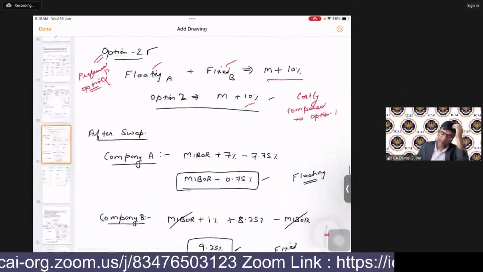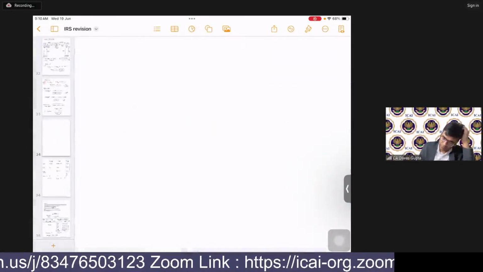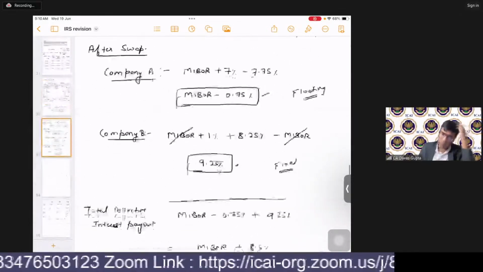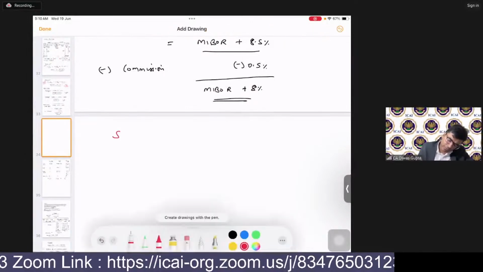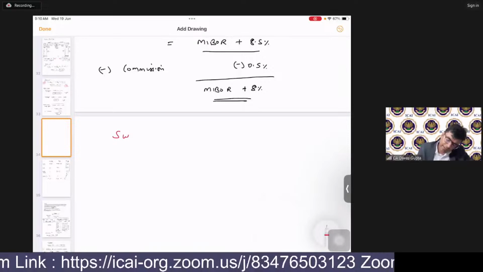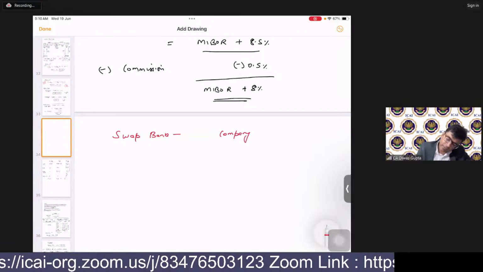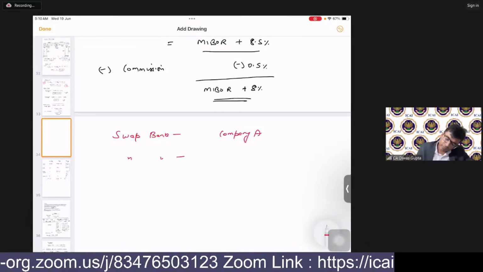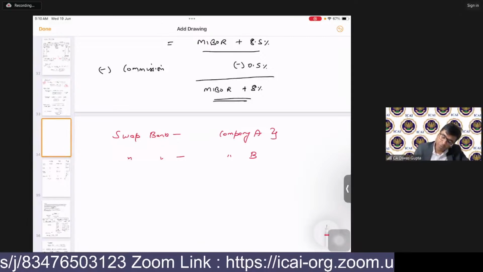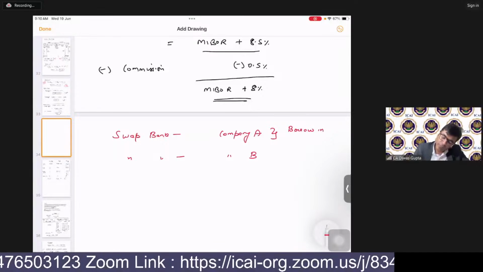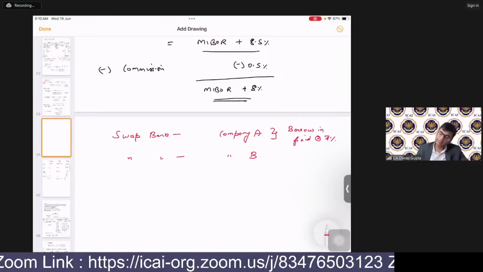So swap bank says, this is what exactly swap bank will say to company A and company B. Company A, it will say you go ahead and borrow in fixed at the rate of 7%.